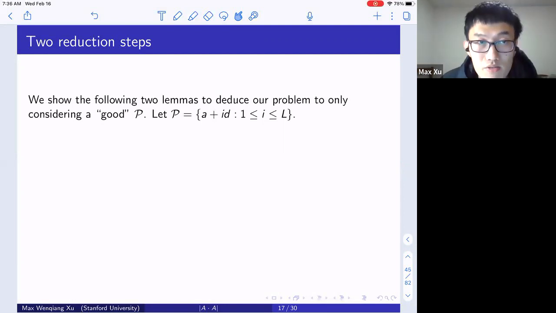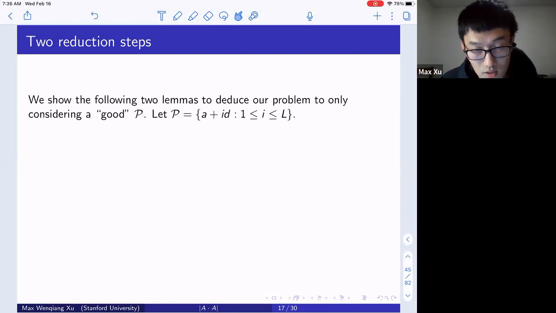We did a bunch of reduction steps in our paper, if you want more details, but I will just mention two of the most important ones, specifically dealing with the two obstructions I just mentioned. We will use two lemmas to reduce our problem to only considering some good AP.